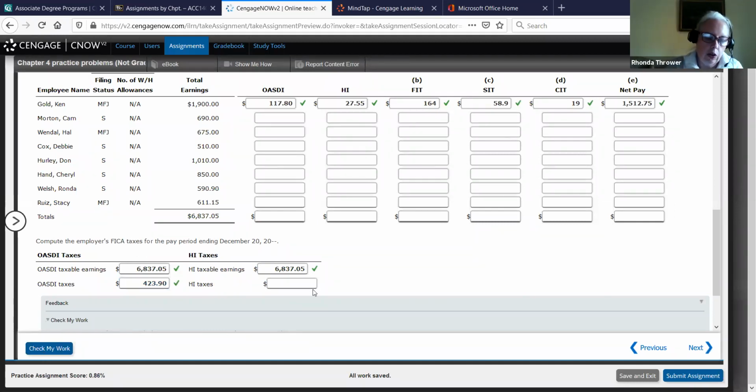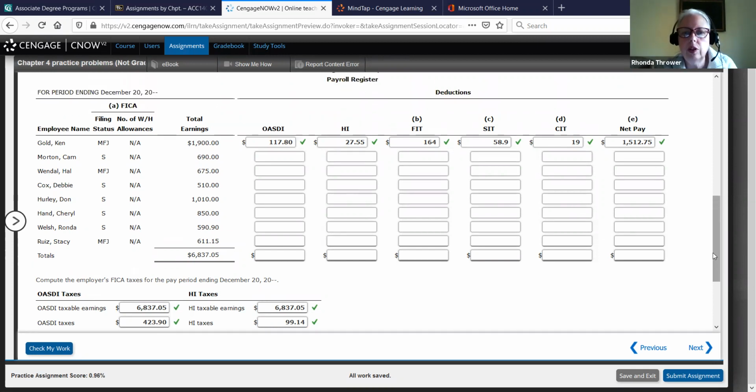And then we're going to take our taxable earnings of 6837.05, and we're going to multiply that by the HI tax rate, which is 0.0145 or 1.45%. And that gives you $99.14. And we're going to check our work. And that's how you would calculate the employer's FICA taxes.